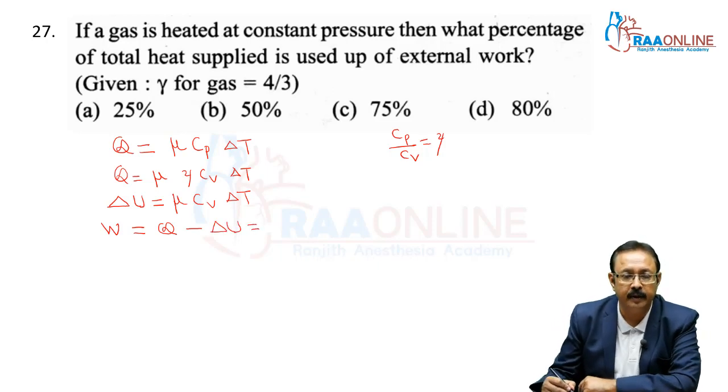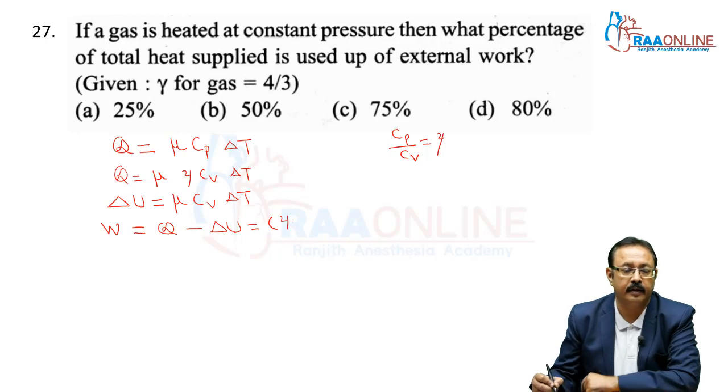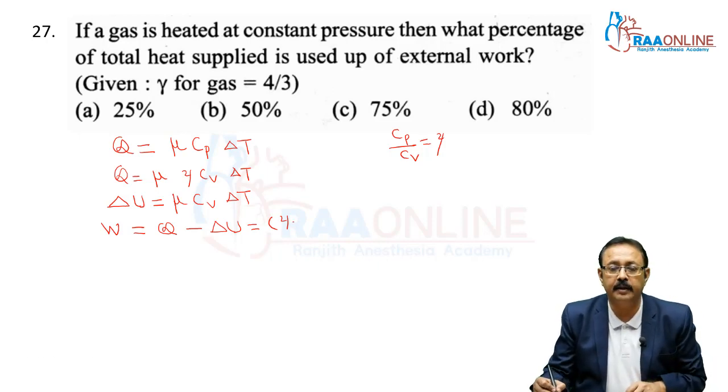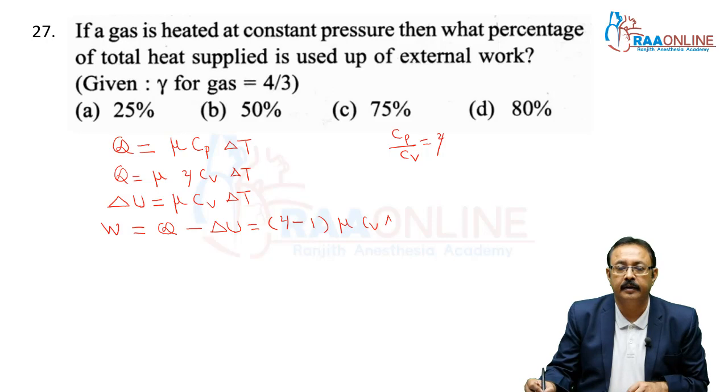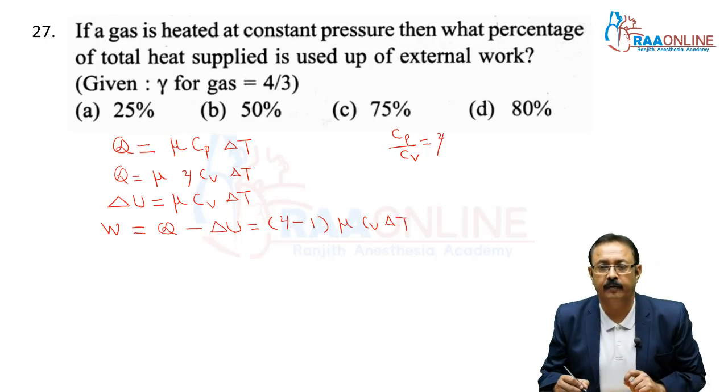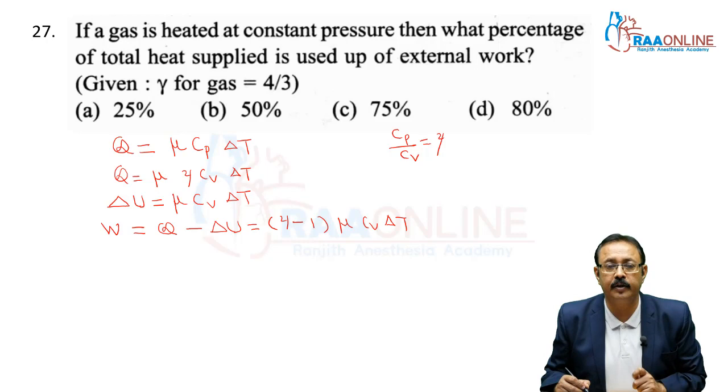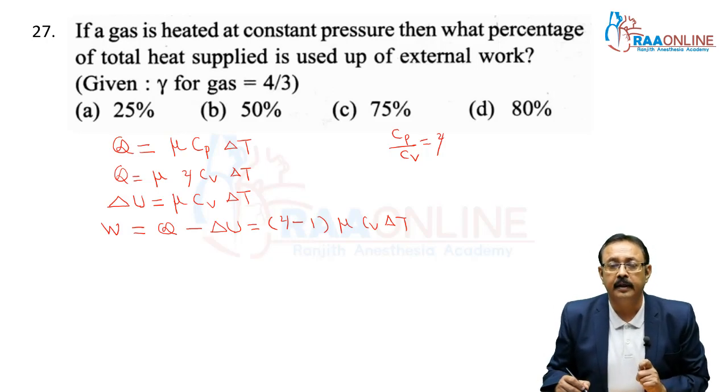Taking mu Cv delta T common, what is the remaining? Q minus delta U gives gamma minus 1, so work done W is gamma minus 1 into mu Cv into delta T. They are asking what percent of total heat supplied is used up for external work, so we want to calculate this in percentage.